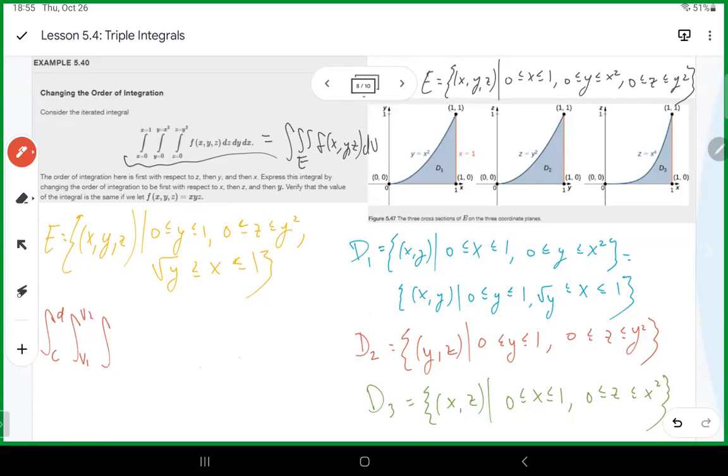And X is going to go from U sub 1 of Y, Z to U sub 2 of Y, Z. And then F of X Y Z dx dy or dz dy.